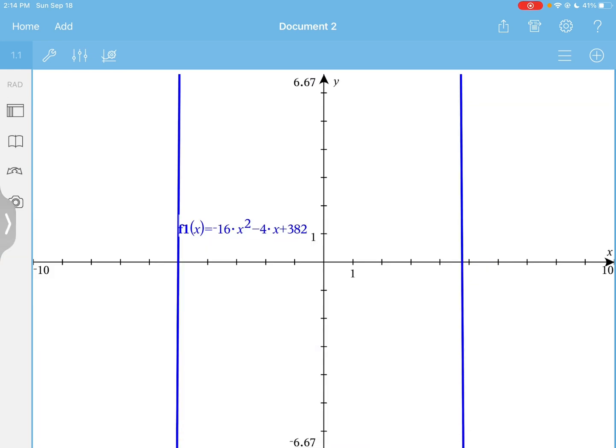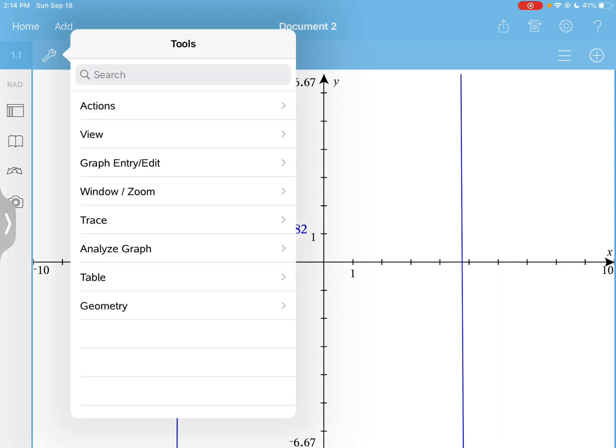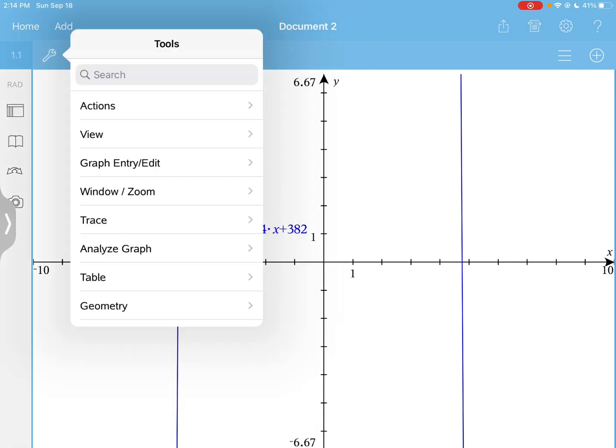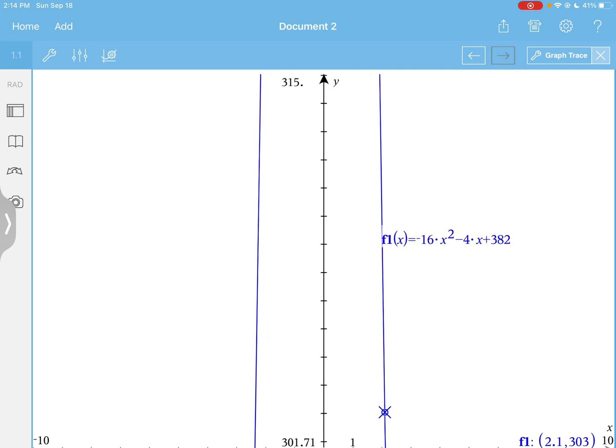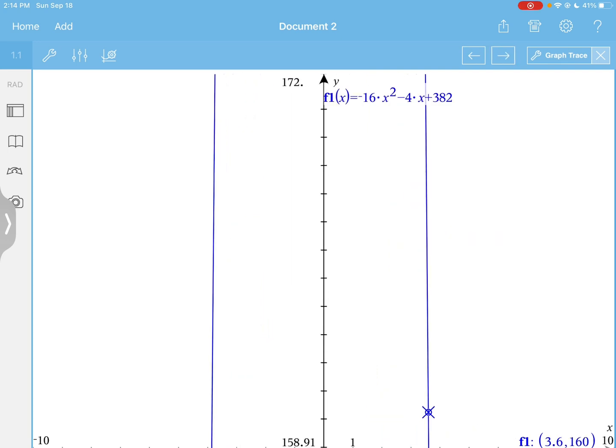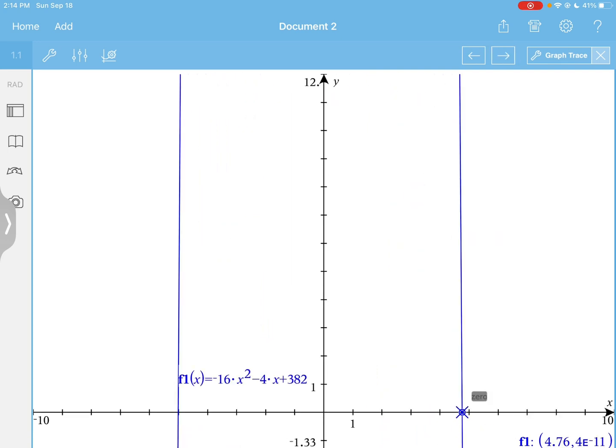Okay, I graph it. I'm going to hit menu 5-1, then graph trace. Again, I want the positive, so I'm going to move to the right side. And I get 4.76.